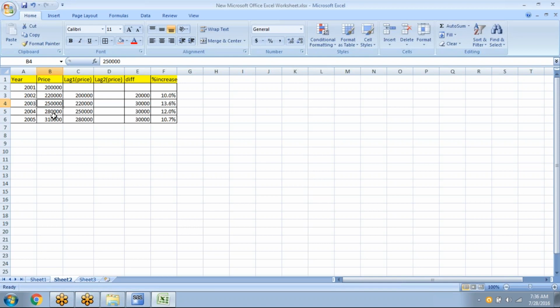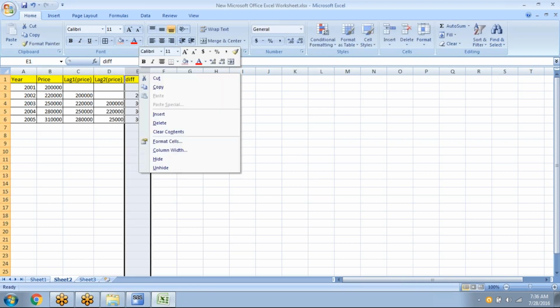But coming to this $250,000, it will not take the immediate value, it will take the second immediate value. What is that? It's 200,000. That value will come here. In the same way for 280,000, this value 220,000 will come. For 310,000, it will take $250,000. This is how it calculates.